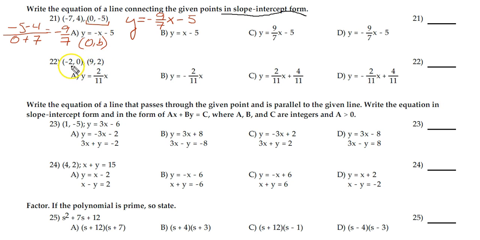Now, for this one, it's the same thing. We have to figure out the slope. So it's going to be 2 minus 0 over 9 minus a -2, which is a plus 2.